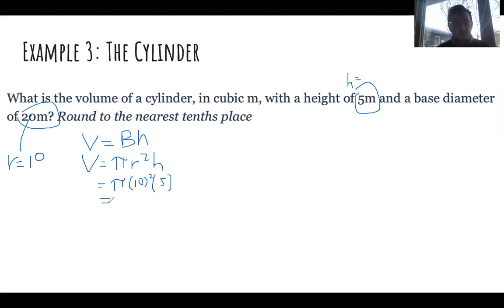So you can do 3.14 times, or the pi button, and then 10 squared times 5 is 500. If it asks you in terms of pi, 500 pi is enough. But if I do 500 times 3.14, your volume is going to be approximately in the ballpark of 1570.0, and that will be in meters cubed.